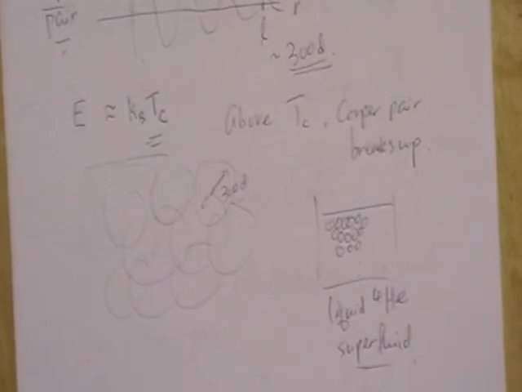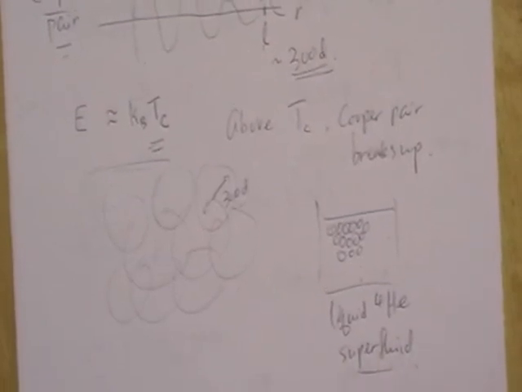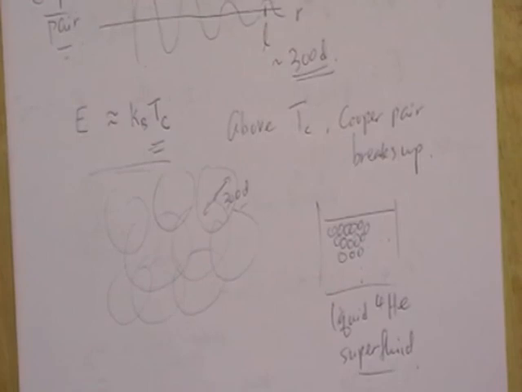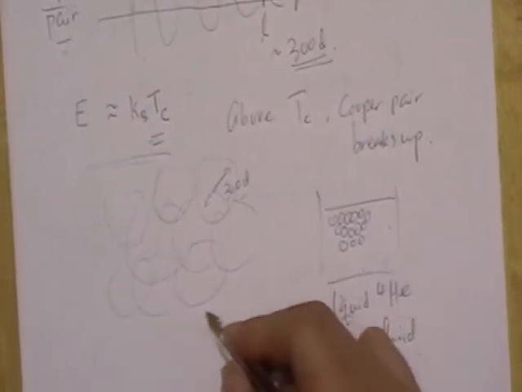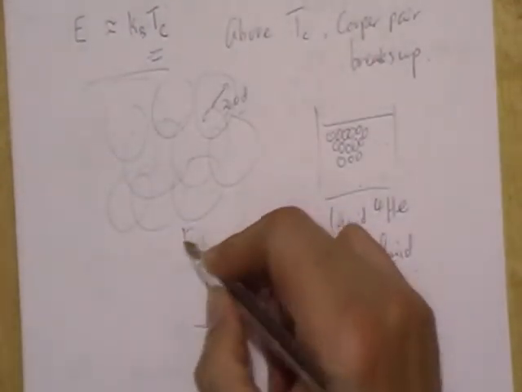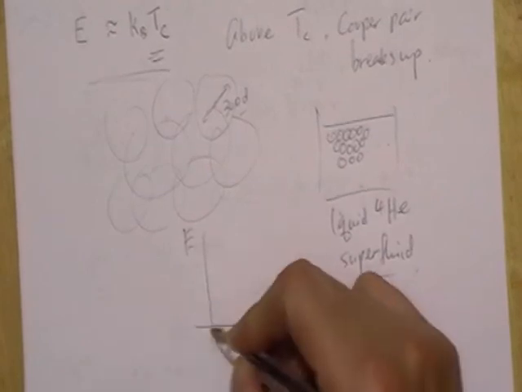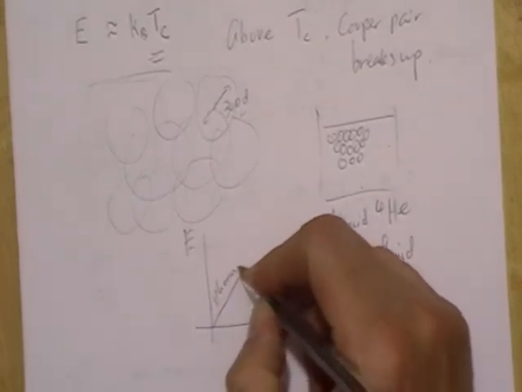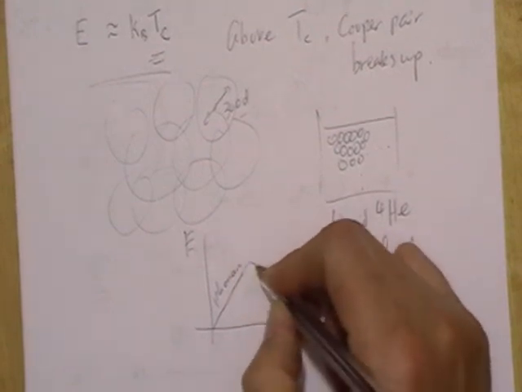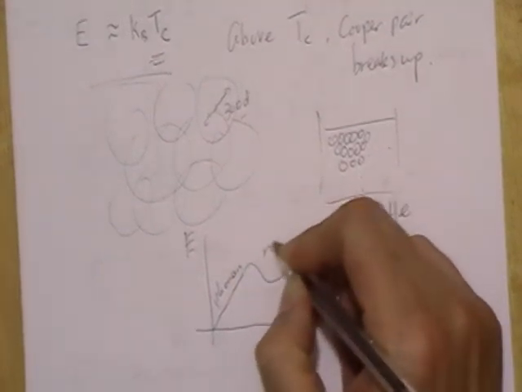Now the reason why it can behave like a superfluid is because, if you remember Landau's explanation, the dispersion relation looks like this. It has phonon excitation and it has roton excitation.